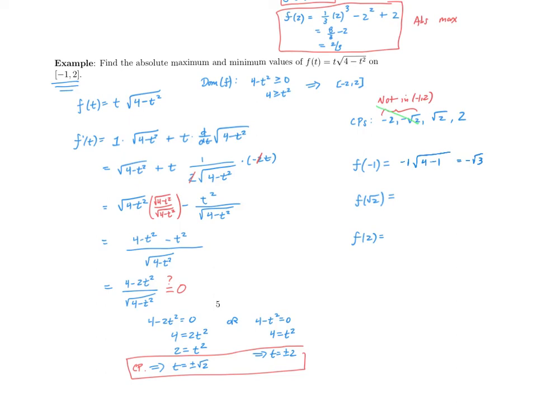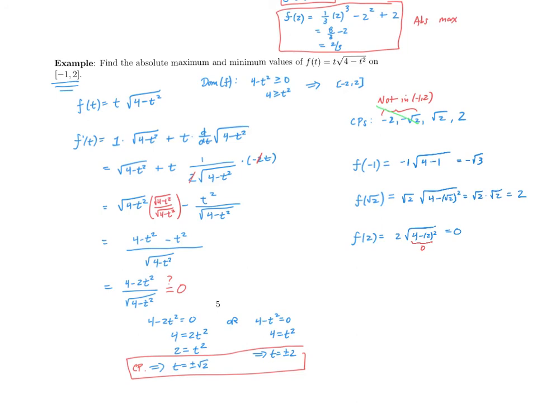If we substitute in square root of 2 for t, we have square root 2 times the square root of 4 minus 2, and square root 2 times square root 2 is 2. And f of 2 is 2 times the square root of 4 minus 2 squared. 4 minus 4 is really 0.